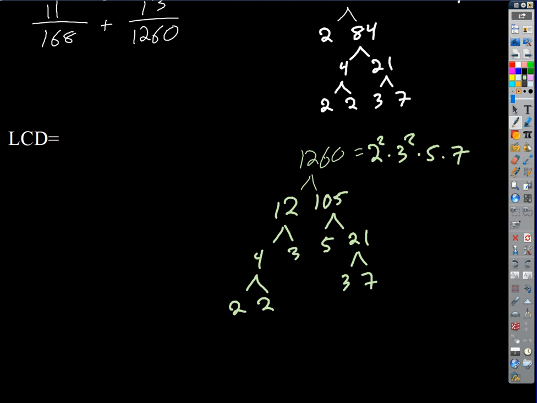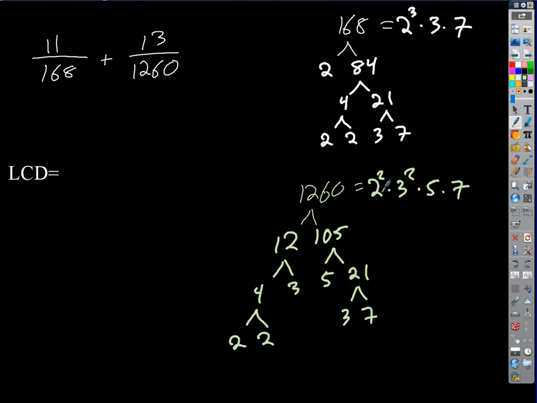Well, there's a lot of overlap in those lists, right? We're getting two 2s overlapping, and one 3 overlaps, and one 7 overlaps.